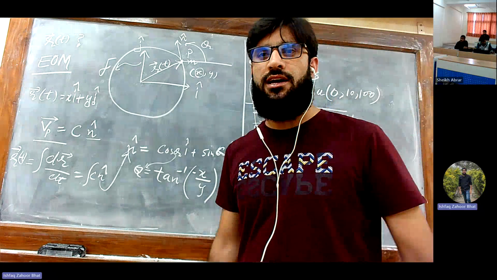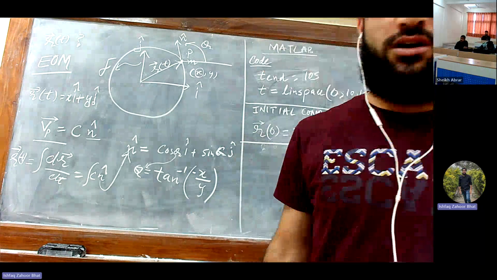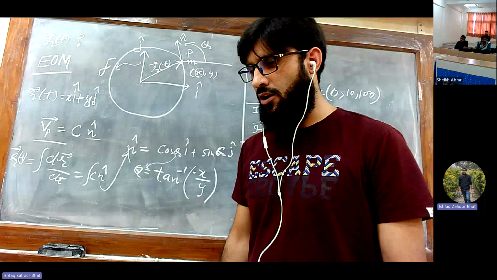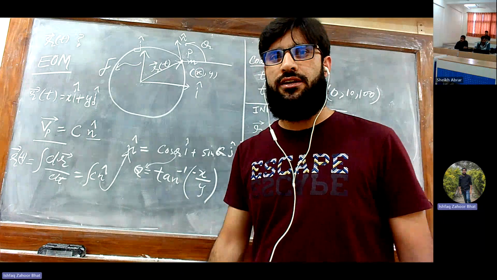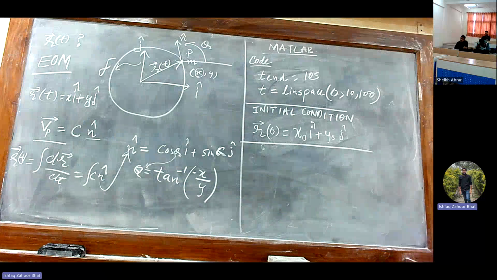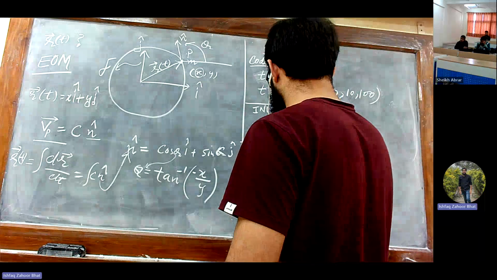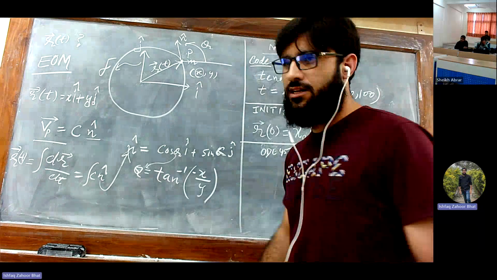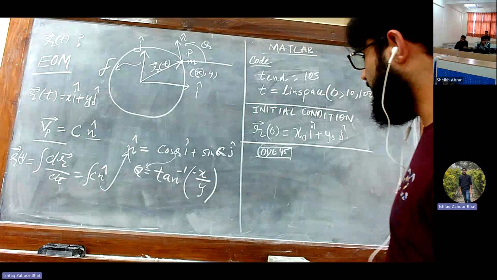At that time, I will show you how we can build our own Runge-Kutta, or maybe Euler method for integration purposes. But at this time, we will just use what is there in the MATLAB library, that is ODE45. There are other versions also, but let's take this ODE45.